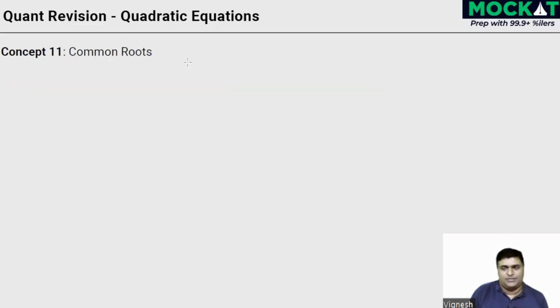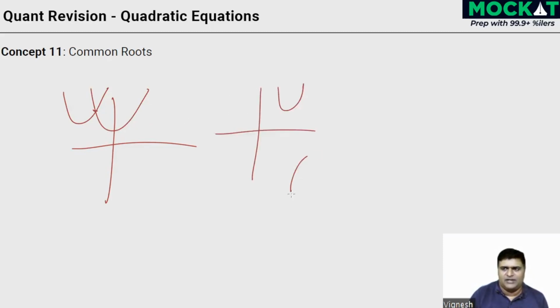So the next concept is on common roots over here, right? So what are common roots? We could be given two quadratic expressions, and we might be asked to find the number of common roots. So if I have two quadratic expressions, they could intersect at one point, or the two of them might never intersect, or they could intersect at 2 points.